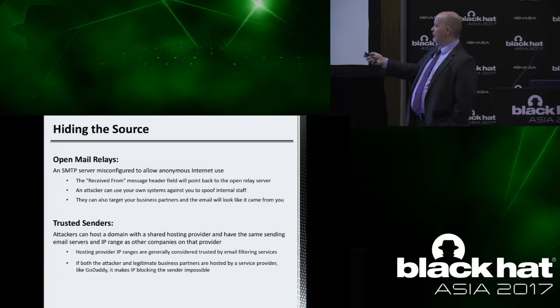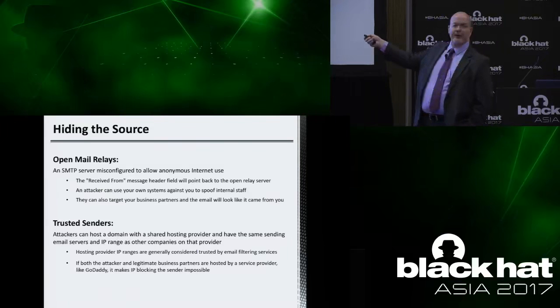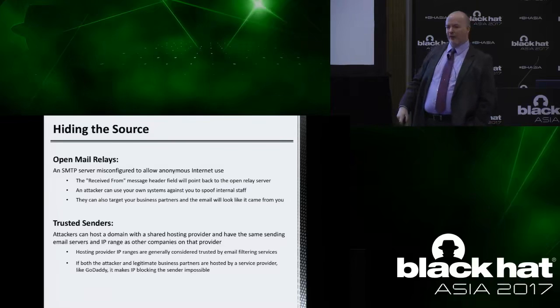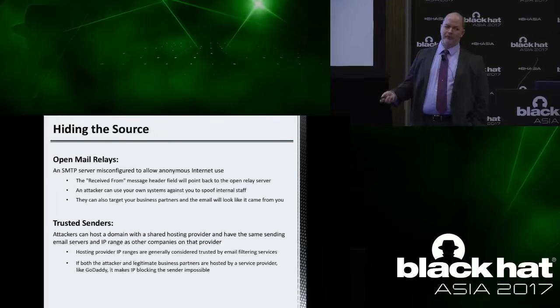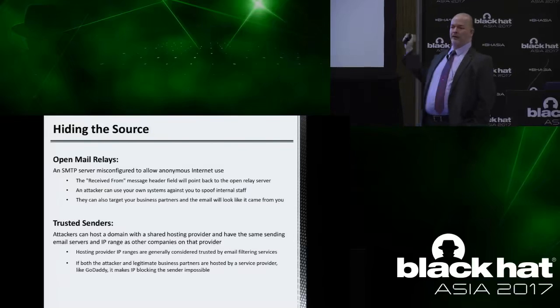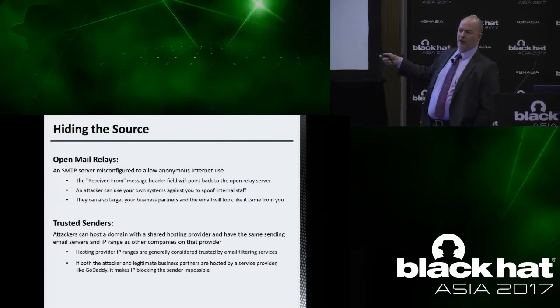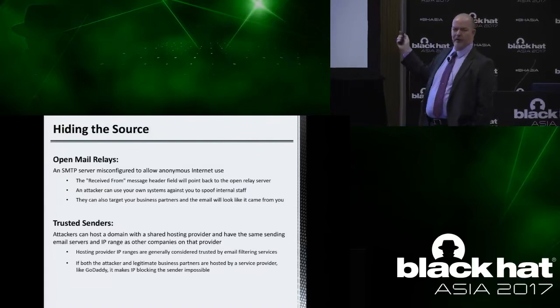This doesn't happen that often, but if you want to stop it from happening, at the back of this presentation I provide links to several different tools that will allow you to test your domain for open email relays. It's very easy to do if you don't have your own tools. There's web-based tools that will allow you to do that. And if you download the presentation off of the Blackout website, you can go to the last page and it's got links to those tools.